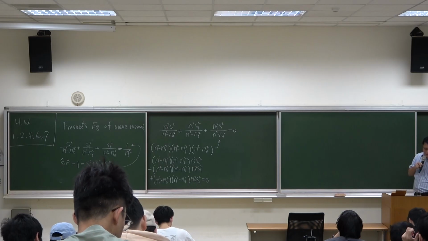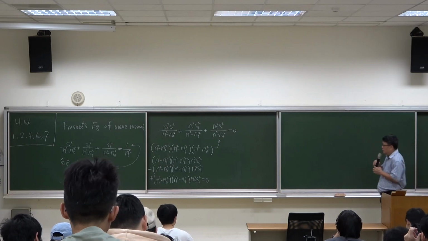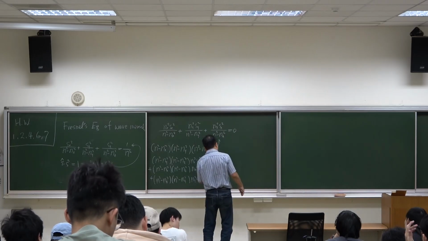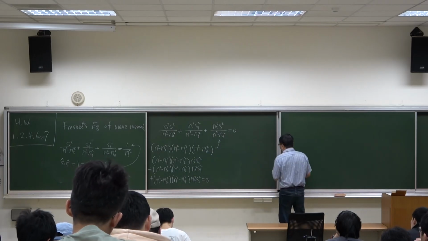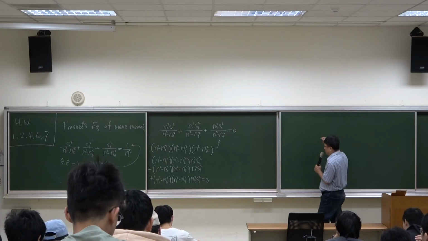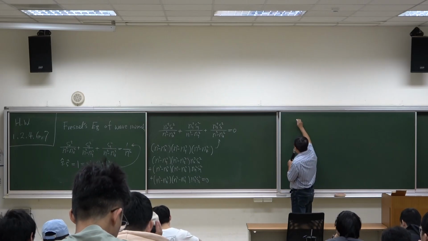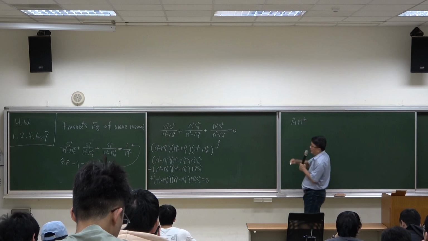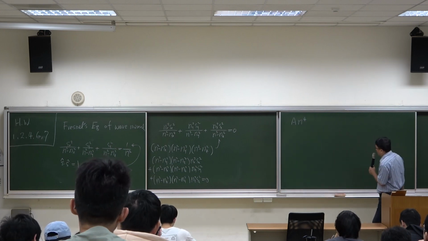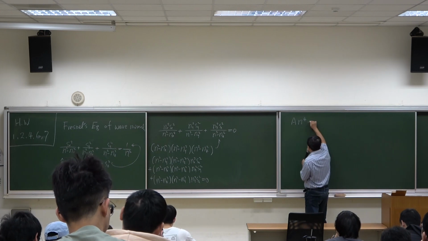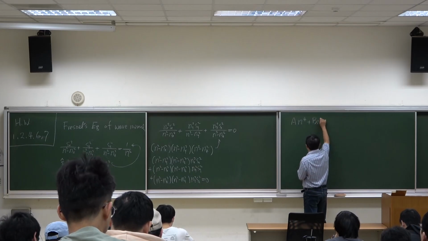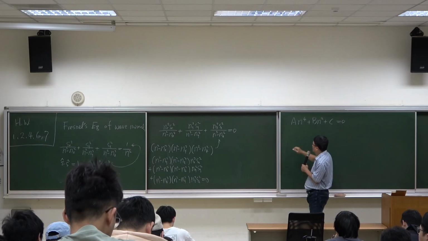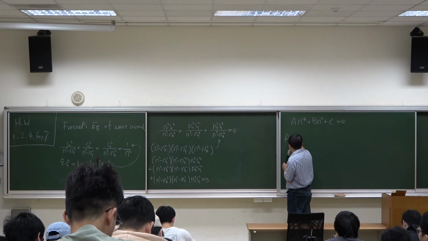And we can collect the coefficients of the same power to rewrite this form as a n to the power 4 plus b n squared plus c equal to 0. Here, what is A?